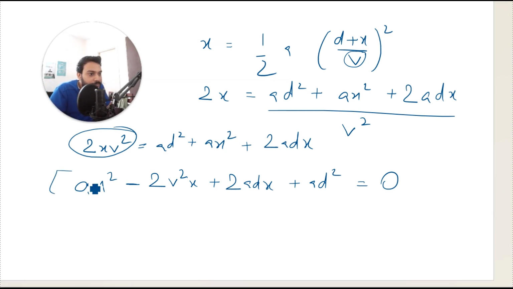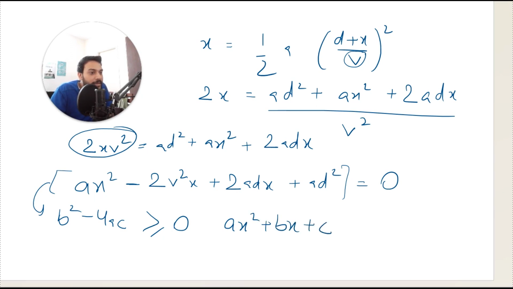Now, for our scenario to be satisfied, this quadratic equation must have real roots. There should actually be values of x that exist and they are real numbers, such that we can justify that this case would happen. So for real roots, what's the rule in quadratic equations? For an equation to have real roots, the discriminant must be greater than or equal to 0, which is b squared minus 4ac, when the equation is of the form ax squared plus bx plus c.